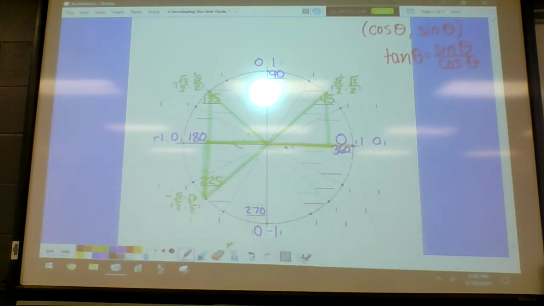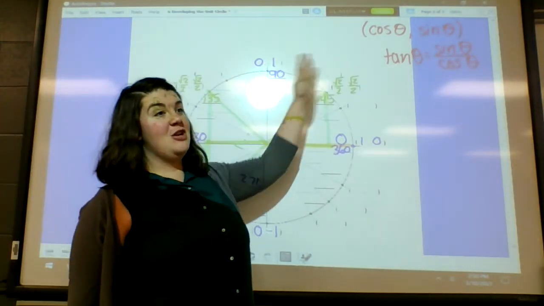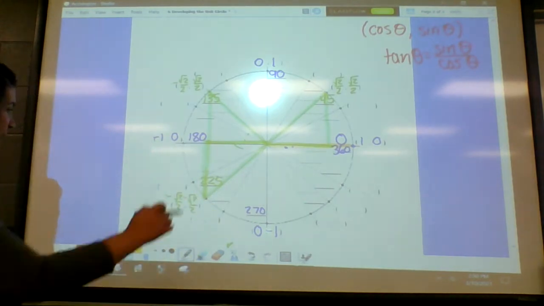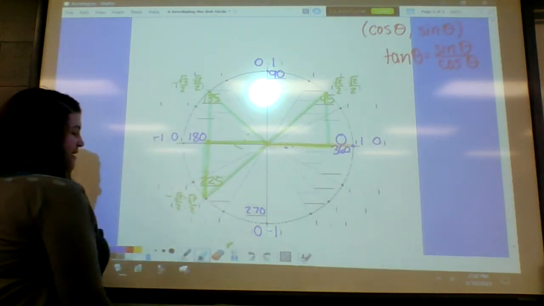And then if you were to do secant, that would be the square root of 2, but it's going to be negative because cosine was negative. Cosecant would be negative square root of 2. Cotangent is also a positive 1. So once you know one of them, you know all of them, except for some of them might have negatives in there.